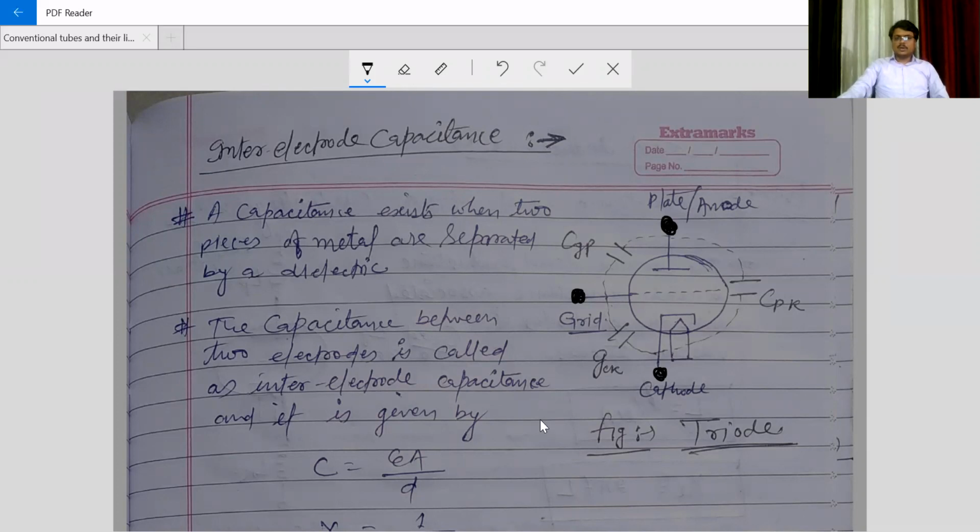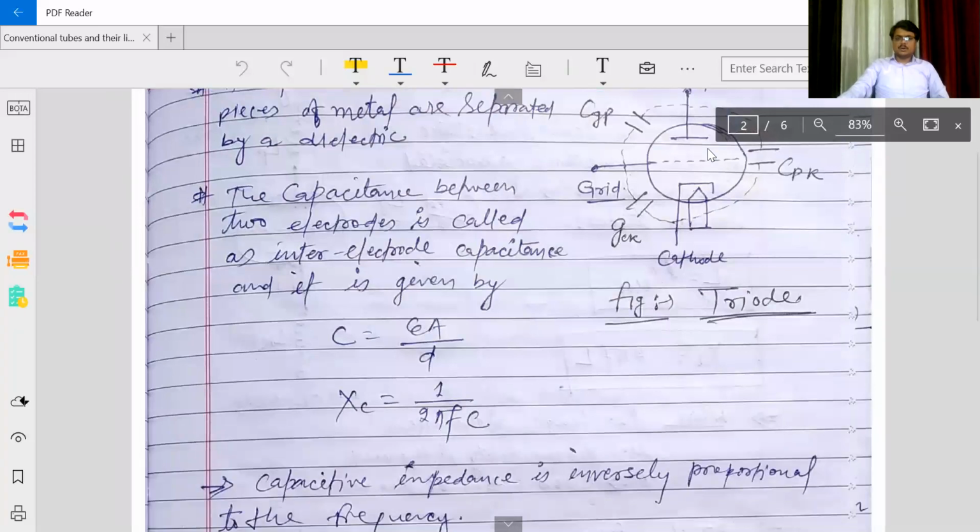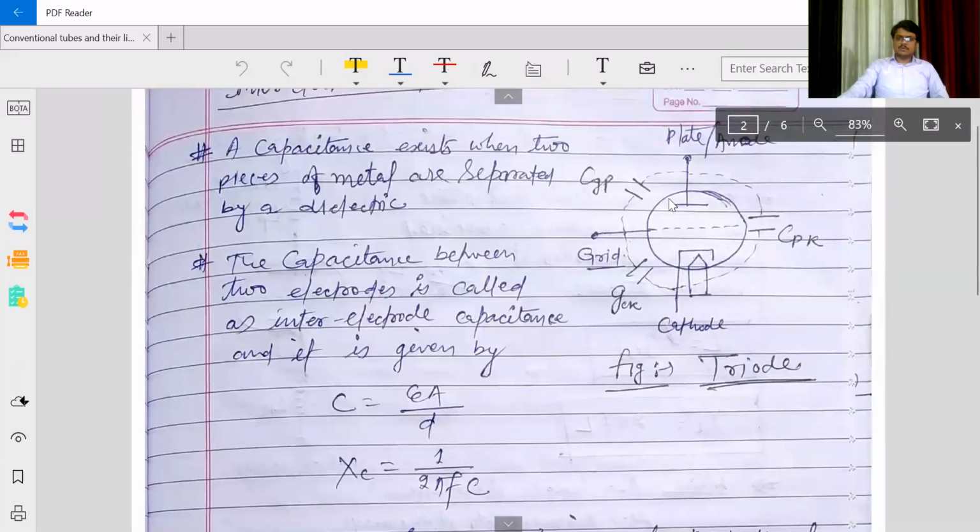The capacitance between two electrodes is called the electrode capacitance, and it is given by epsilon A upon T. So there will be a capacitance between the grid and plate, between the grid and cathode, and also between plate and cathode.